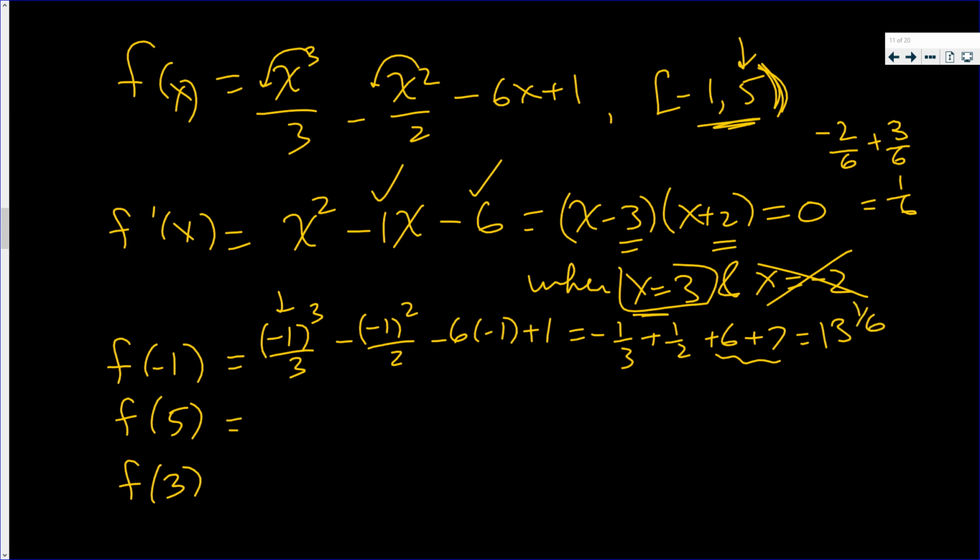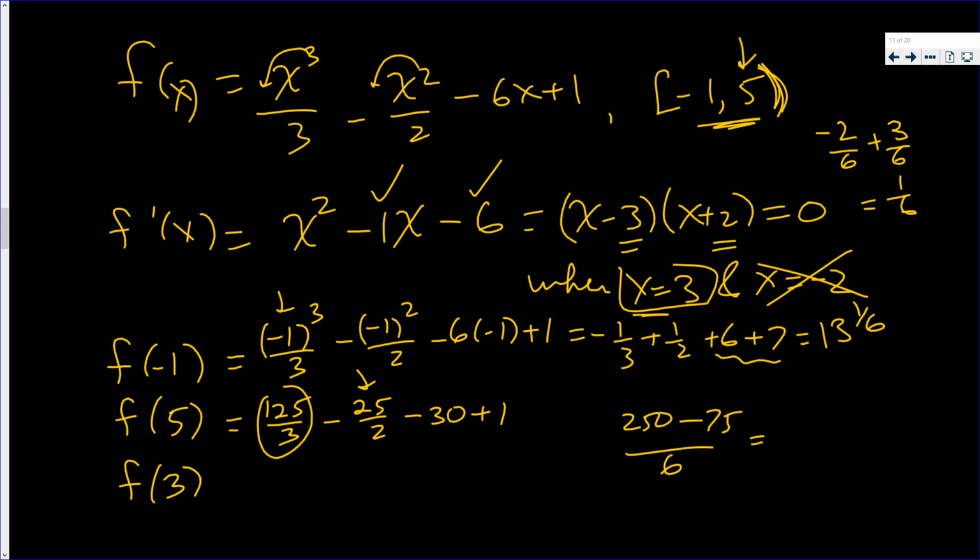When you plug in 5, 5 cubed is 125 over 3 minus 25 over 2 minus 30 plus 1. Let's get a common denominator of 6. I double top and bottom. That's 250. I triple top and bottom. And I get 175 over 6 minus 29. So this is minus 29 minus 1.